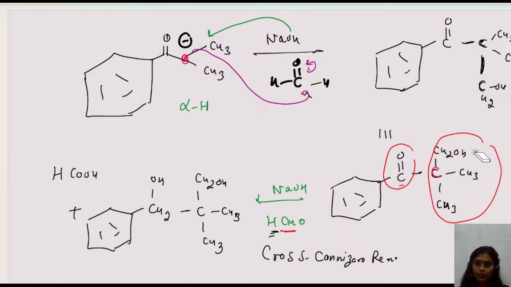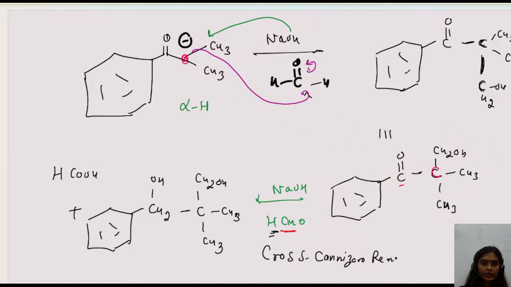So what is the change here? If you observe, this CO group simply converted into the CHO group there. Normal cross Cannizzaro is going to happen, and you can write it as a salt, O negative, Na positive. So this is a cross Cannizzaro.